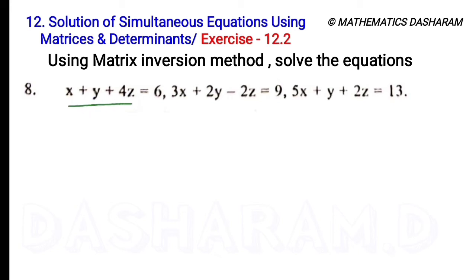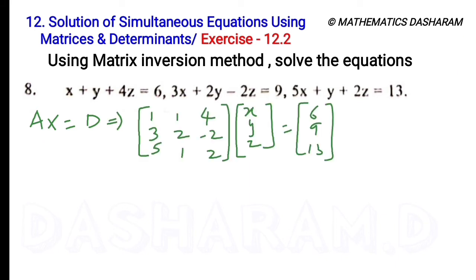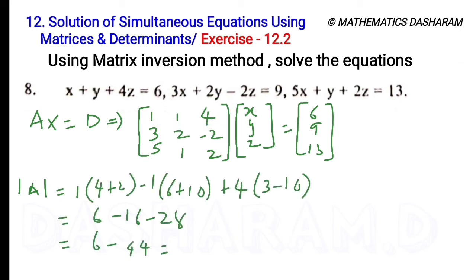8th question: x plus y plus 4z equals 6, 3x plus 2y minus 2z equals 9, 5x plus y plus 2z equals 13. Let's write the given equation in the matrix notation form, that is AX equals D. So here matrix A is 1, 1, 4, and now find out the determinant of matrix A by expanding the first row elements. 6 minus 44 equals minus 38, it is not equal to 0, therefore A inverse exists.